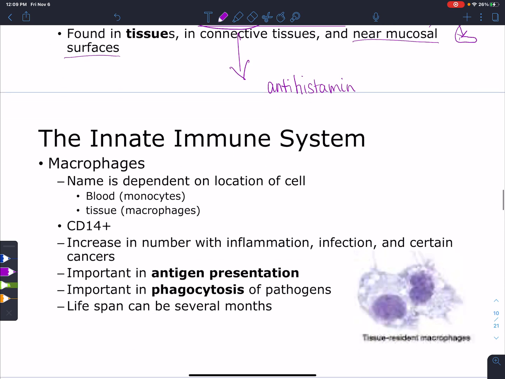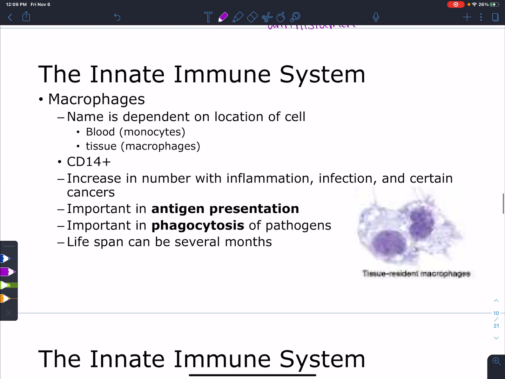Now we'll have our macrophages. The name of this guy is dependent on the location. If it's in the blood, they're monocytes. When it's in tissue, it's a macrophage. The image, what it looks like, is very similar. I didn't find a great picture on the internet of macrophages.